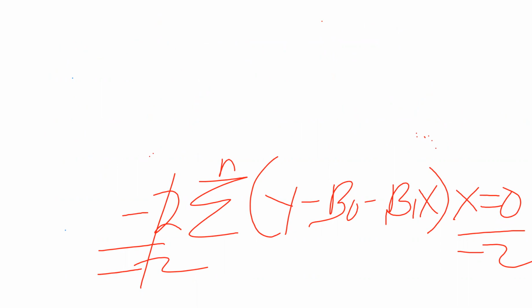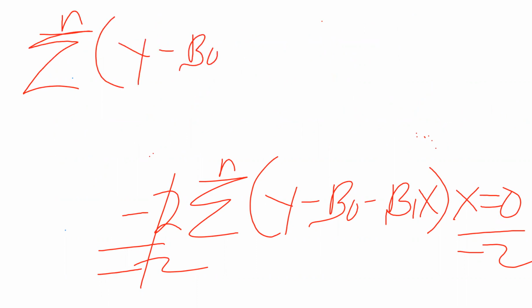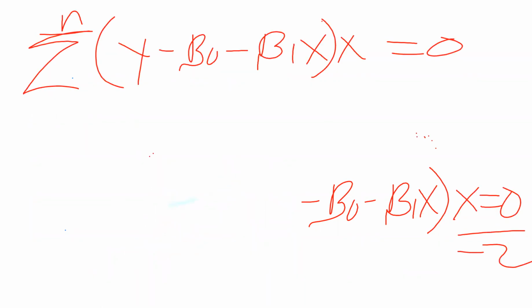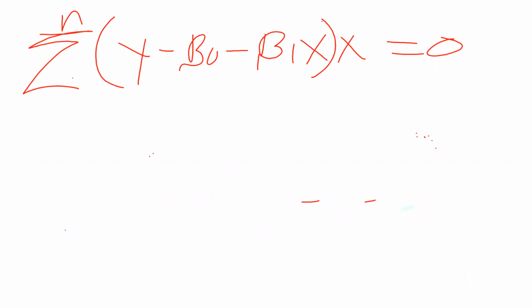Okay? So we have the summation over n of y minus beta naught minus beta 1 x, times x, equal to 0. Is that clear? Then from here, what do we do? We distribute x, isn't it?